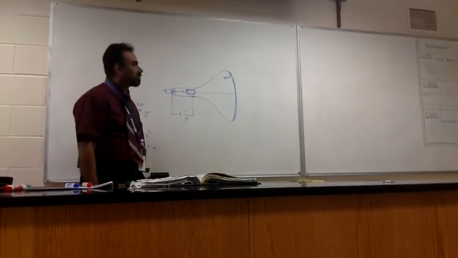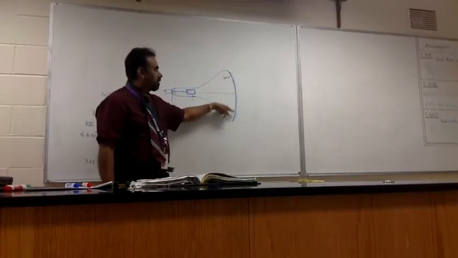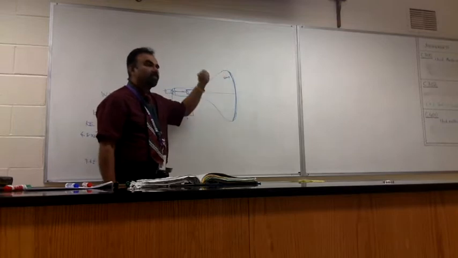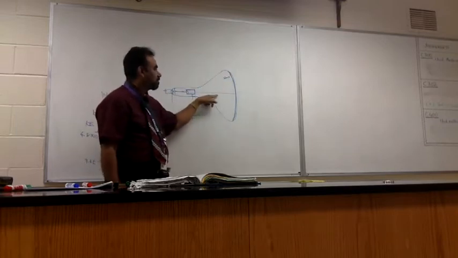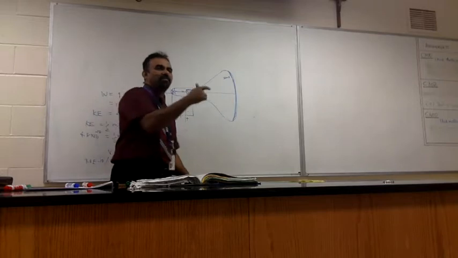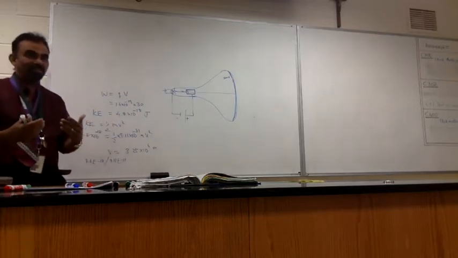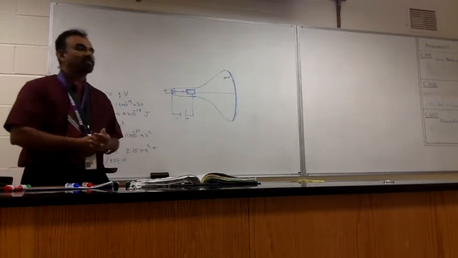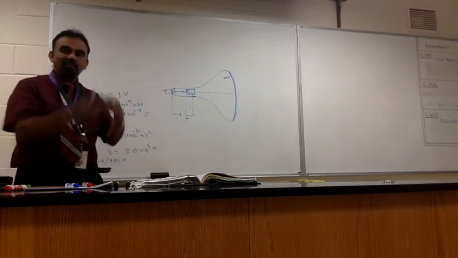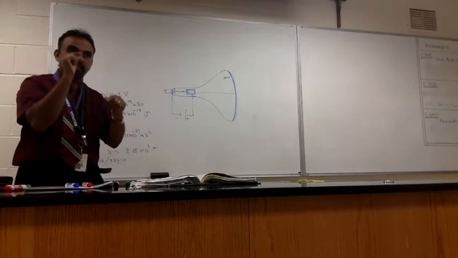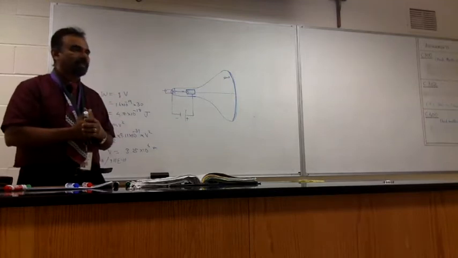As the electron strikes the fluorescent material, it gives all the kinetic energy it has to that particular region, and then it causes fluorescence at that spot. Get it? So it makes a spot appear on the screen.